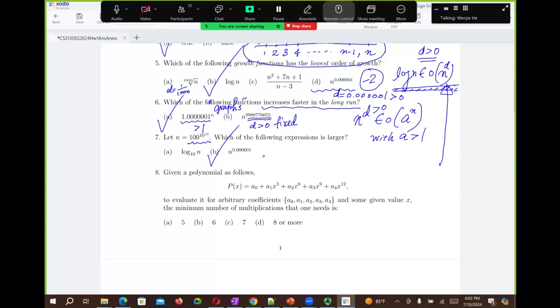The first one, let's calculate. Before the calculation, let me write this 100 to the 10 to the 10th. As 100, we know it's 10 squared, so 10 squared to the 10 to the 10th.